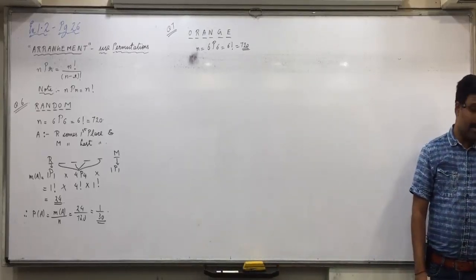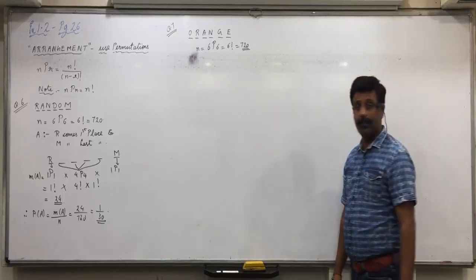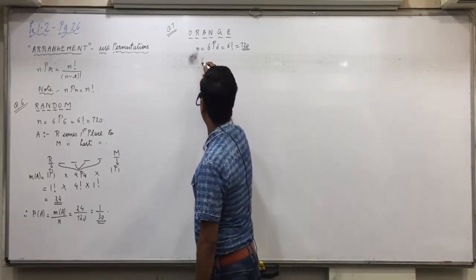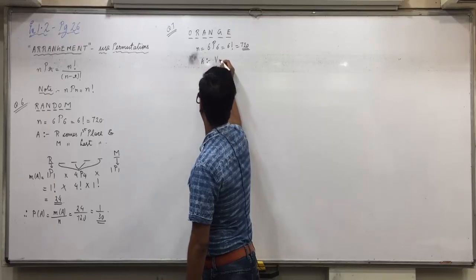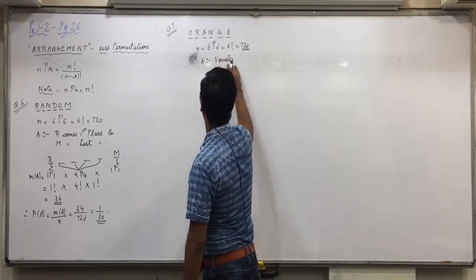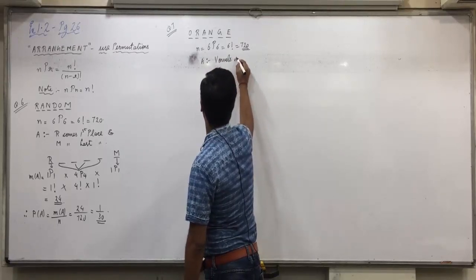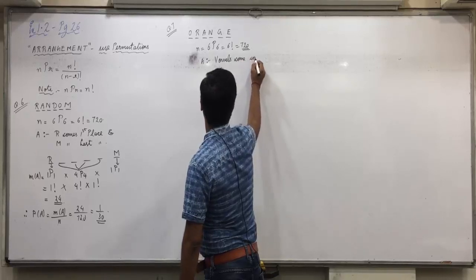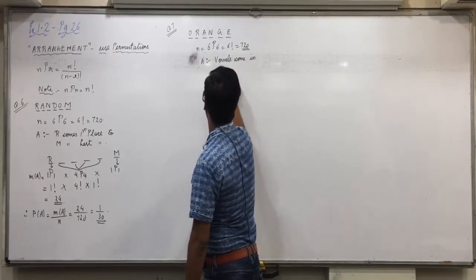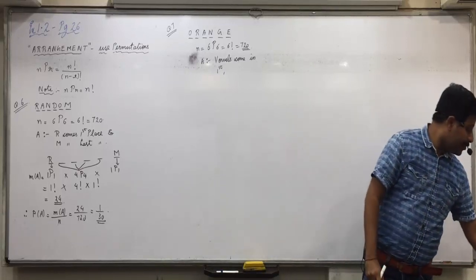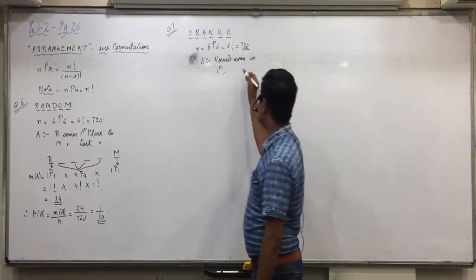Now we'll define this event A, what is asked in the question. So let event A be the event that vowels come in first, third and sixth place.